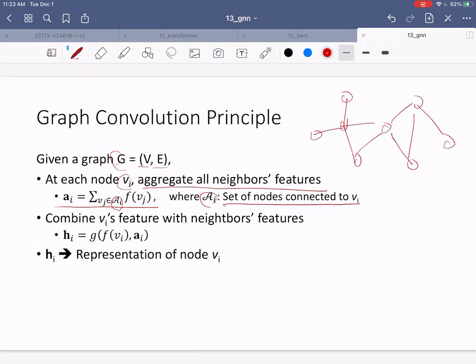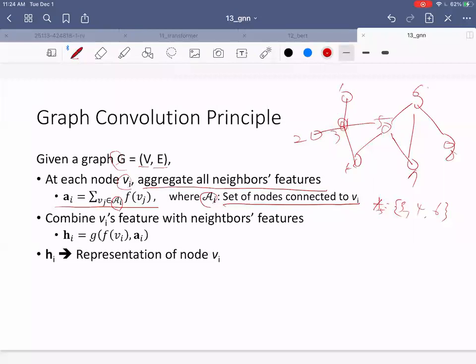Let's say we have nodes 1 2 3 4 5 6 7 8, and A5 would be 3, 4, 6, right? 3 4 6. That is A_i, or A5 in this case.